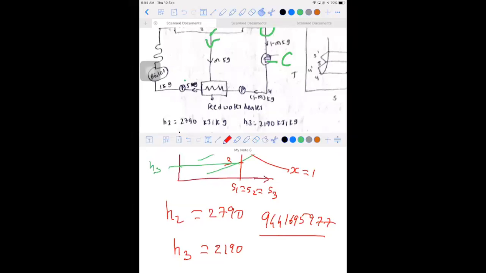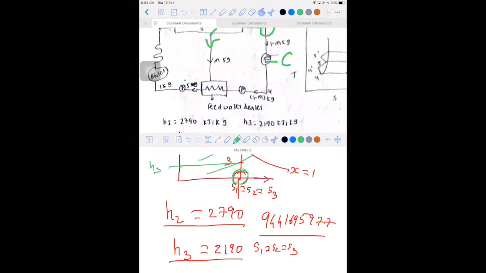And yes, let us wind up for today. The only thing is, you try to identify what is the H2 and what is the H3. And also you tell me that S1 equals S2 equals S3, meaning this value. Come on, sir. What is the S1?